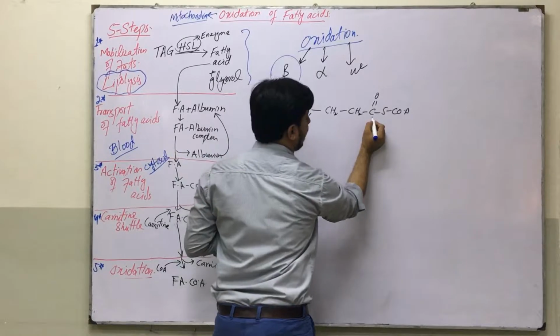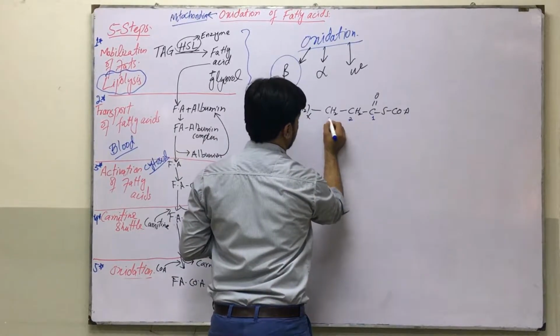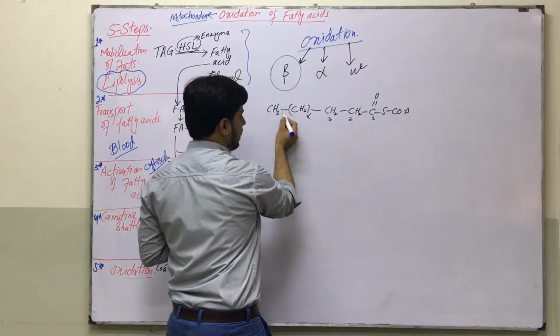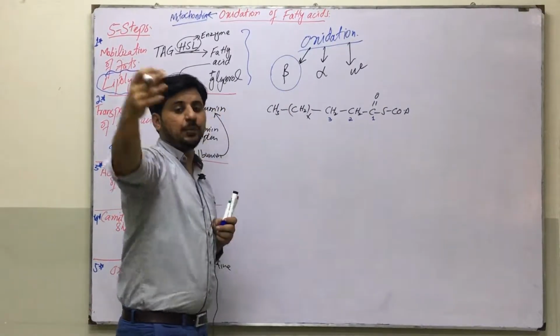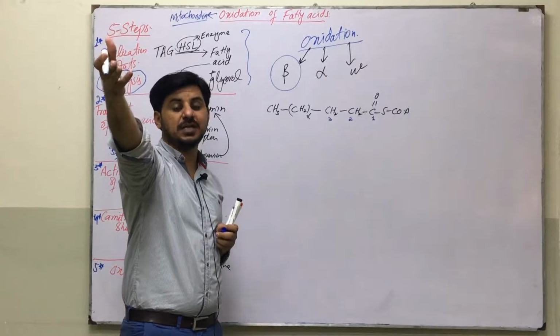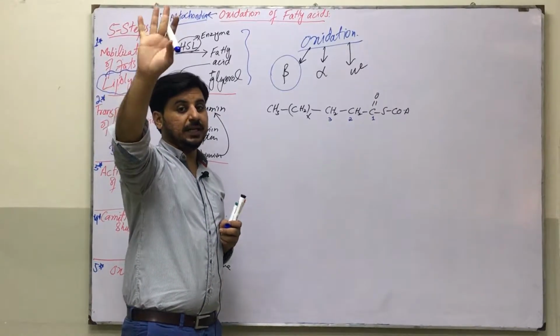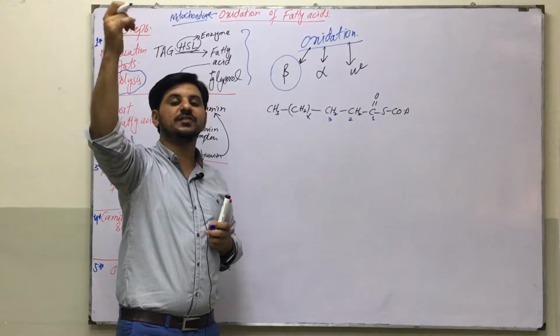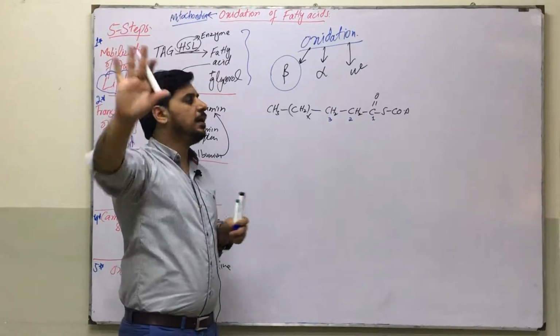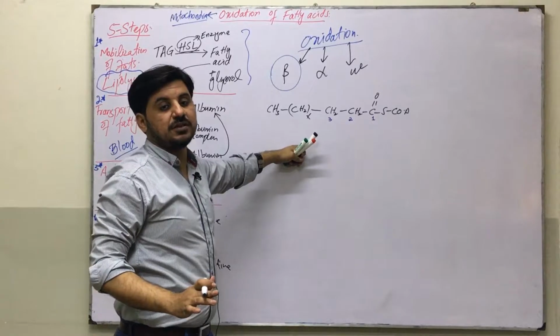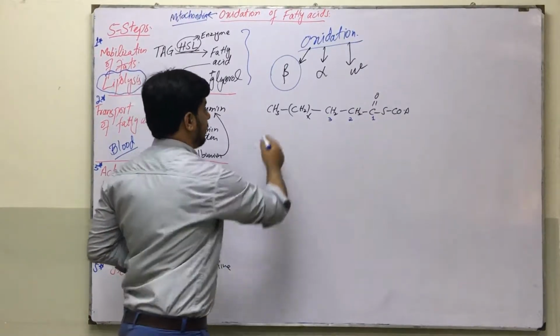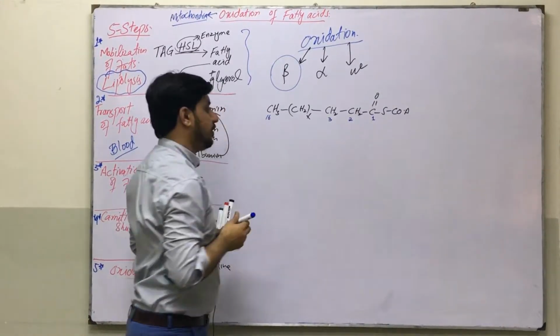This is carbon number 1, 2, 3, 4, 5, 6, 7, 8 and so on. I am going to explain beta oxidation for a 16 carbon compound, because the carnitine shuttle is involved for the very long chain fatty acid. So this is carbon number 16.